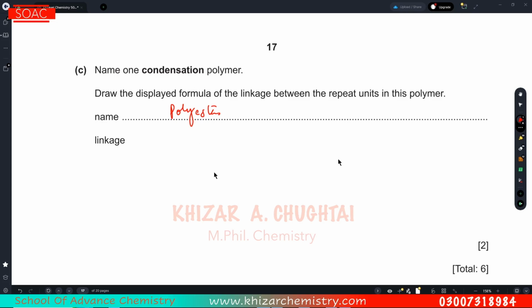The polyester has an ester linkage, O, C, double bond, O, repeated. So it may be a polyester, a polyamide, or a protein as well, and so on.